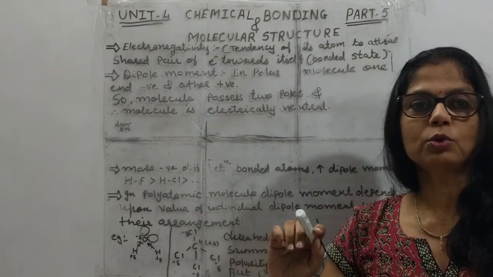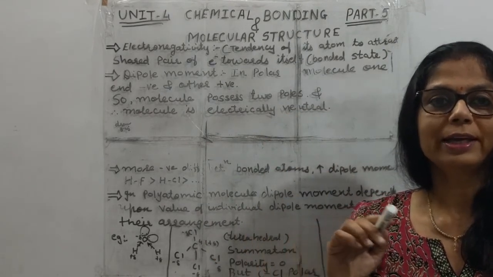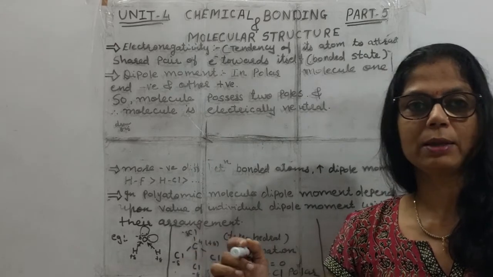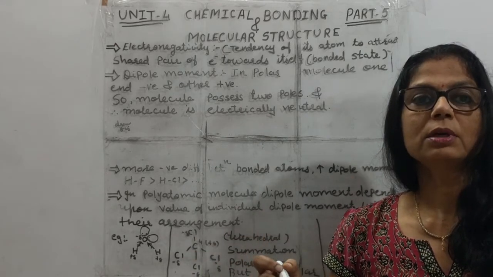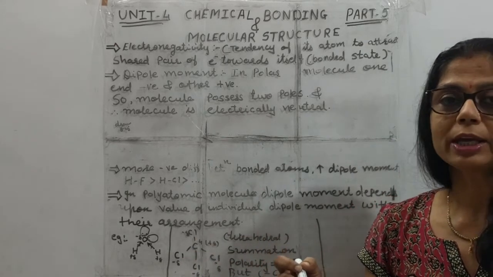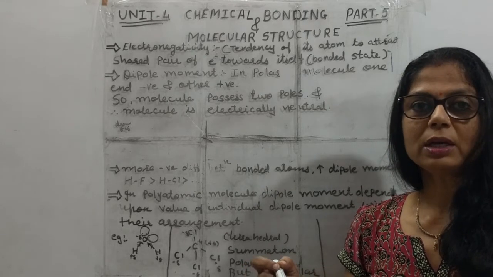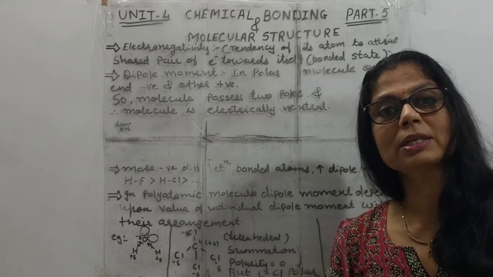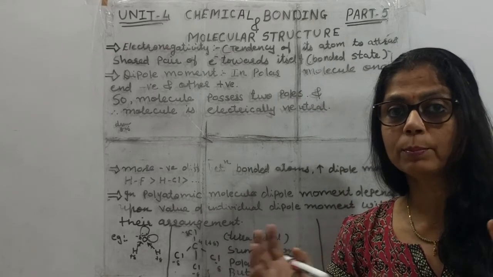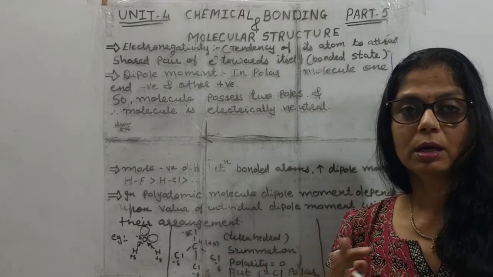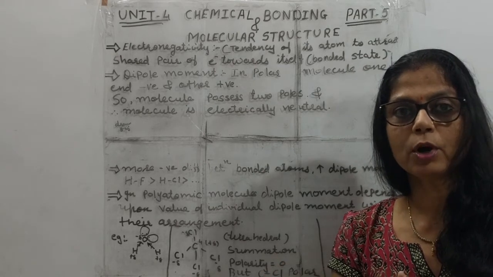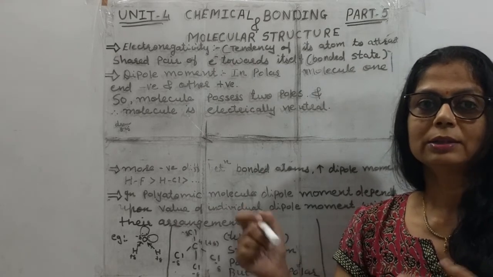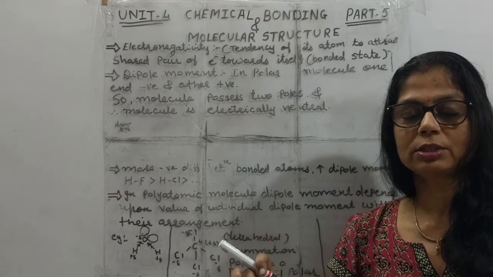Out of these two poles, the more electronegative one will attract the shared pair of electrons towards itself. But this condition applies only at the time of the bonding state, not in other states.